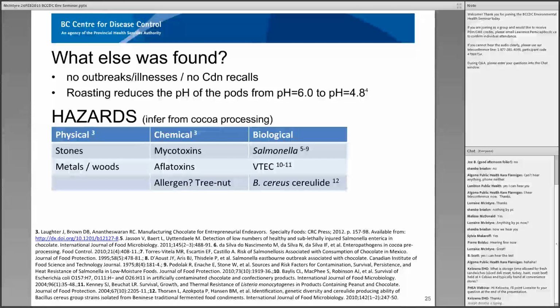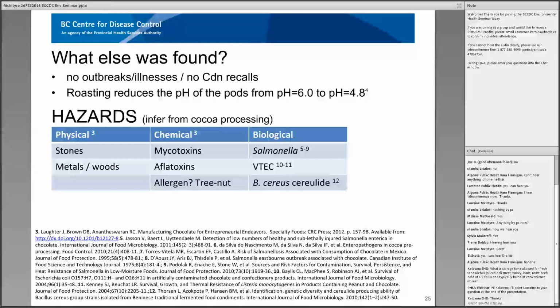And then in terms of hazards, since there wasn't anything in the literature about carob, we had to infer from cocoa beans. There's the typical physical hazards. So once you de-seed the pods, you may have stones or bits of the pod or bits of metal potentially with those before you grind them. Chemical issues were aflatoxins and mycotoxins.